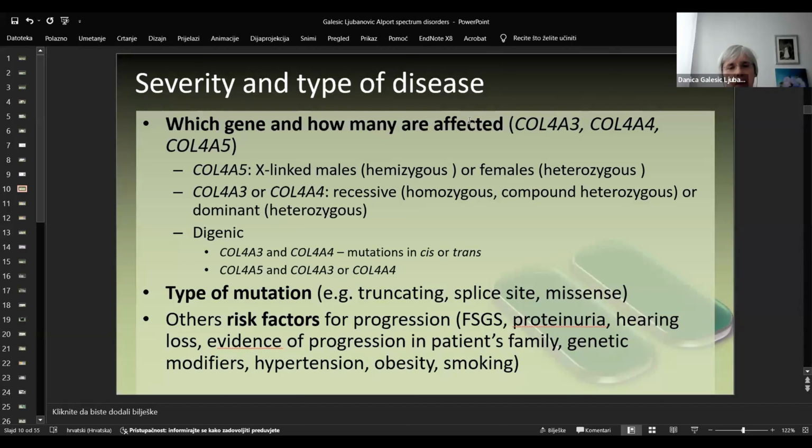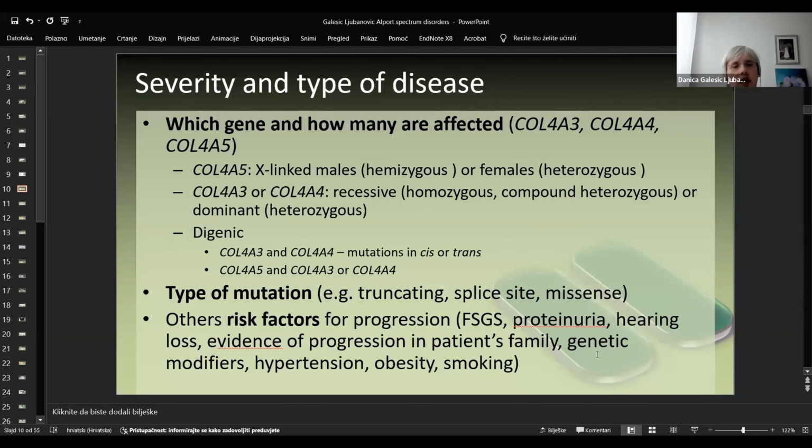Severity and type of disease depend on which gene and how many of them are affected. If the patient has a variant in the alpha 5 chain gene, it is X-linked disease, and severity depends on whether the patient is male or female. If there is a variant in alpha 3 or alpha 4, it depends on whether it is recessive or dominant, or whether the patient is homozygous or heterozygous.